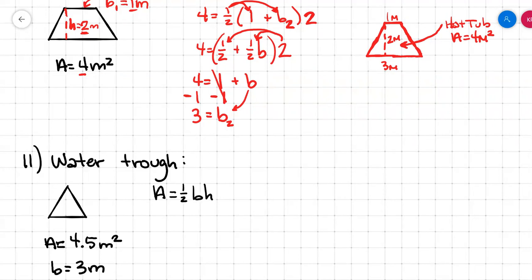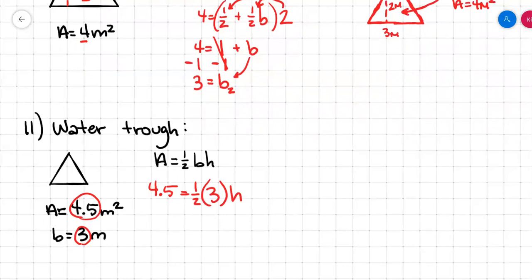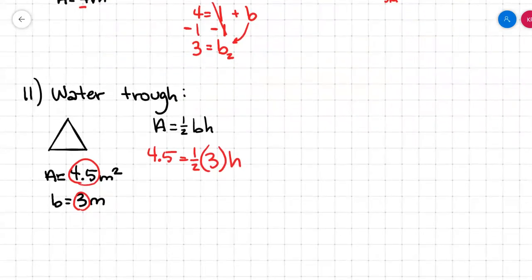So then we are going to take our area and plug that in. And we are going to take our base and plug that in. And we're left with the height as our unknown variable.